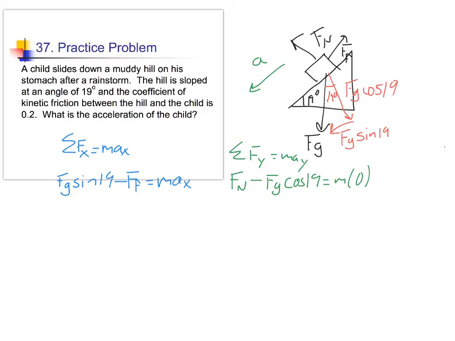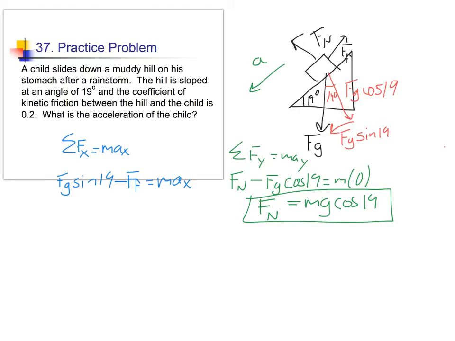So that means our y acceleration is 0. What I can say then is that my normal force is going to be equal to that Fg cosine of 19, and I'm going to sub in mg for Fg. And so that's the value of my normal force. I know I don't have any numbers here other than the angle, but that's still useful information.